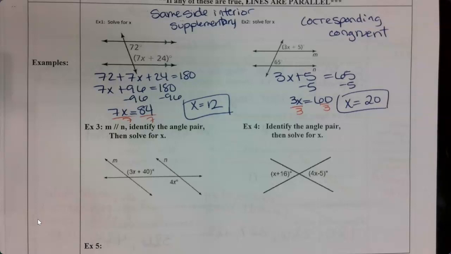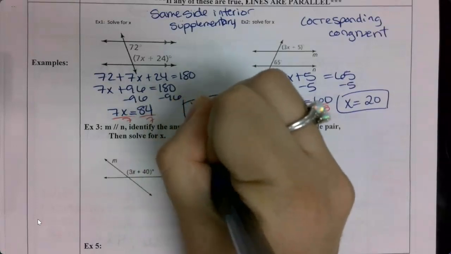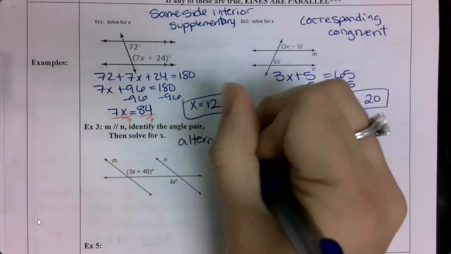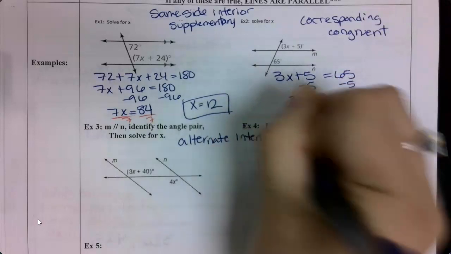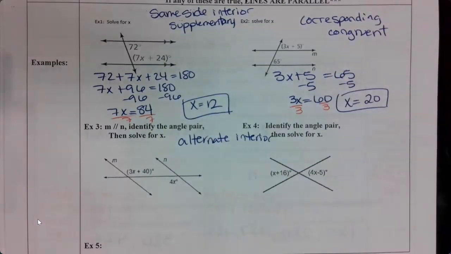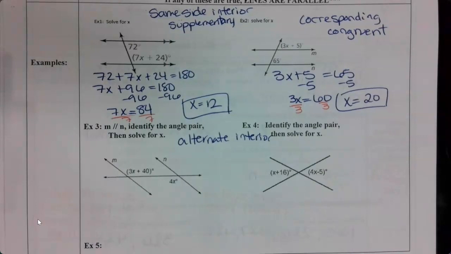Okay, so number 3, what kind of angles are these? They're both inside the parallel lines and on opposite sides of the transversal. Alternate interior. Remember, opposite sides of the transversal means alternate, and then interior means inside the parallel lines.